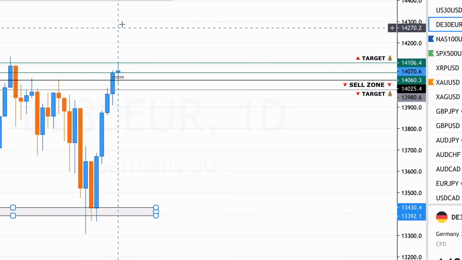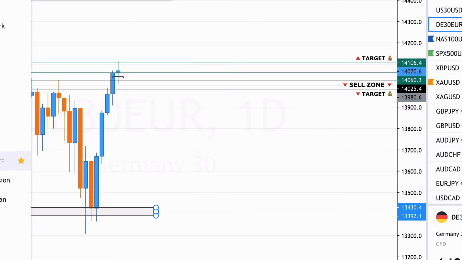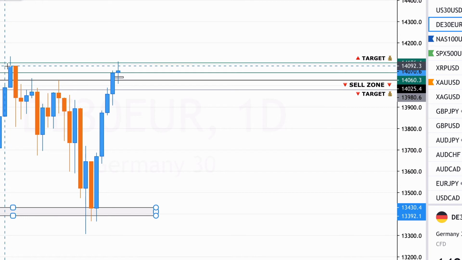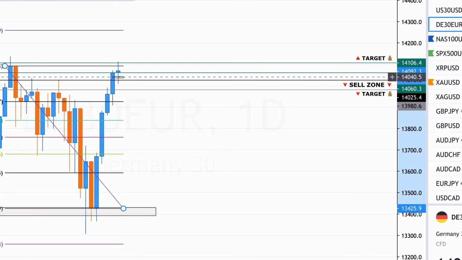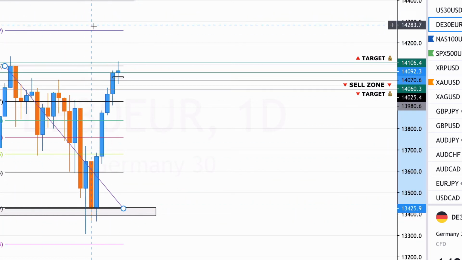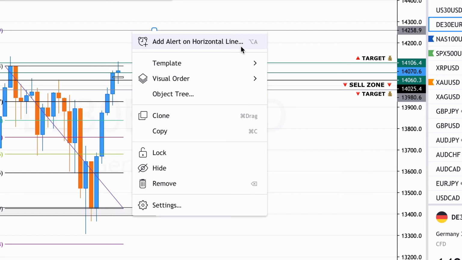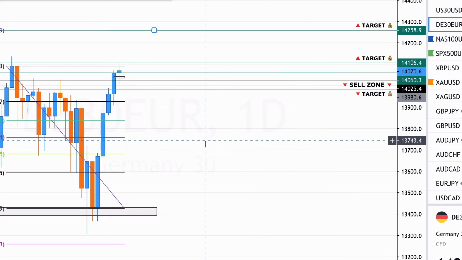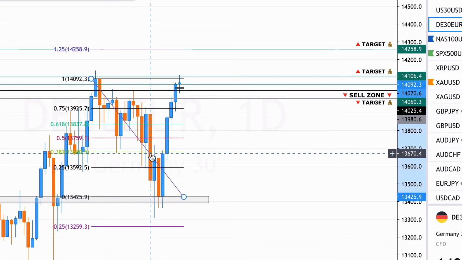So how do we determine how far it could potentially go? That's where the fibs come in. Body to body, the next area on the fib is a potential target. When you don't have previous highs, that's where the Fibonacci is a great tool.